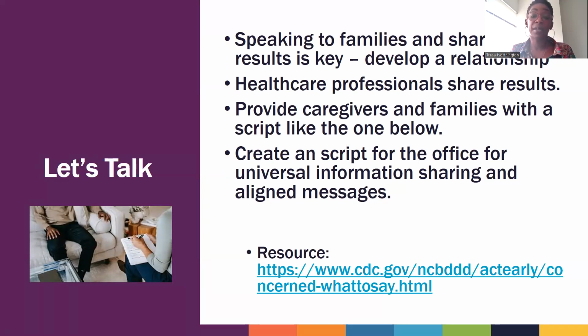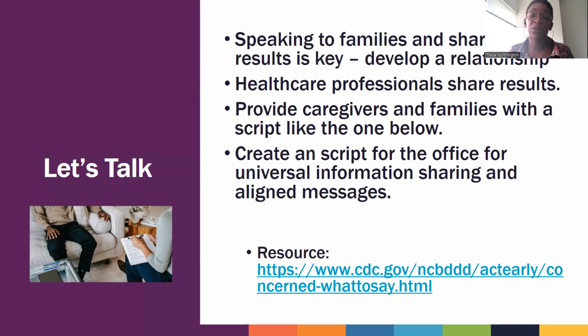Another way to talk to families is to provide scripts for the office, when we want to make sure that the same message is being shared with all parties, all families. We can create an aligned script that will allow the front desk to say the same thing, that will allow nurses, medical assistants, whomever, to all be on the same page, providing families with the same information.